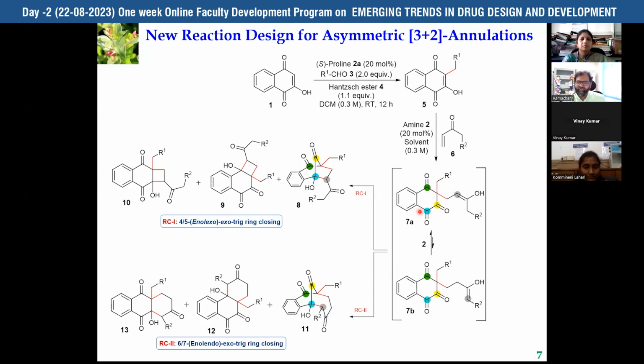Keeping that in mind, if this goes, you will get this product. If you react with this and this, these are the products that will form. If it does not get involved here, not trapping, and this goes to the endo type and reacts with these two, you get this kind of product, or if it reacts with this carbonyl, you'll get this kind of product. So from this reaction, 6 types of products can form.